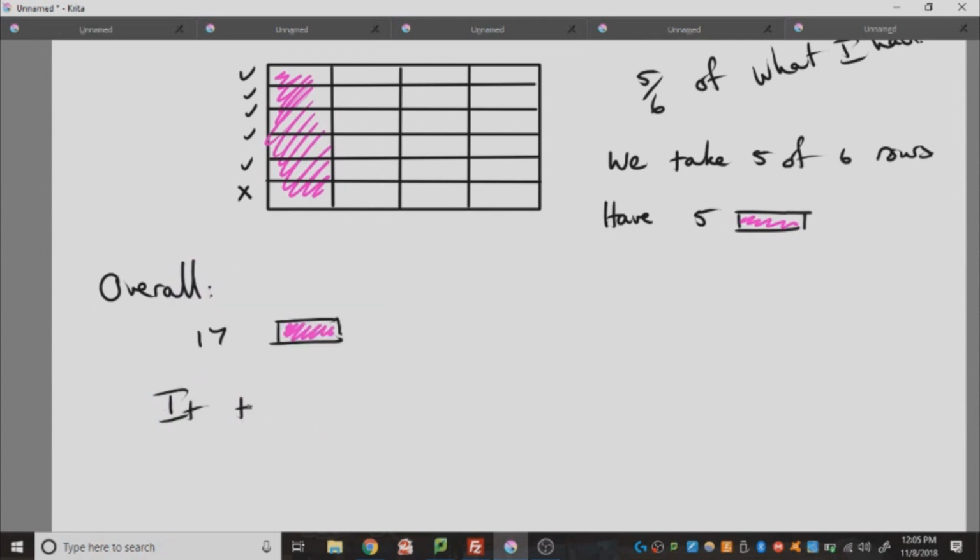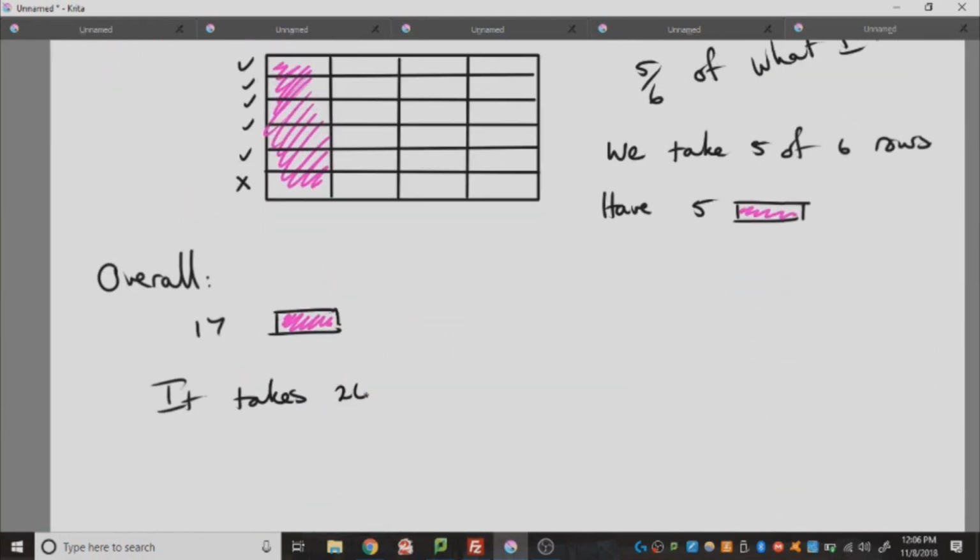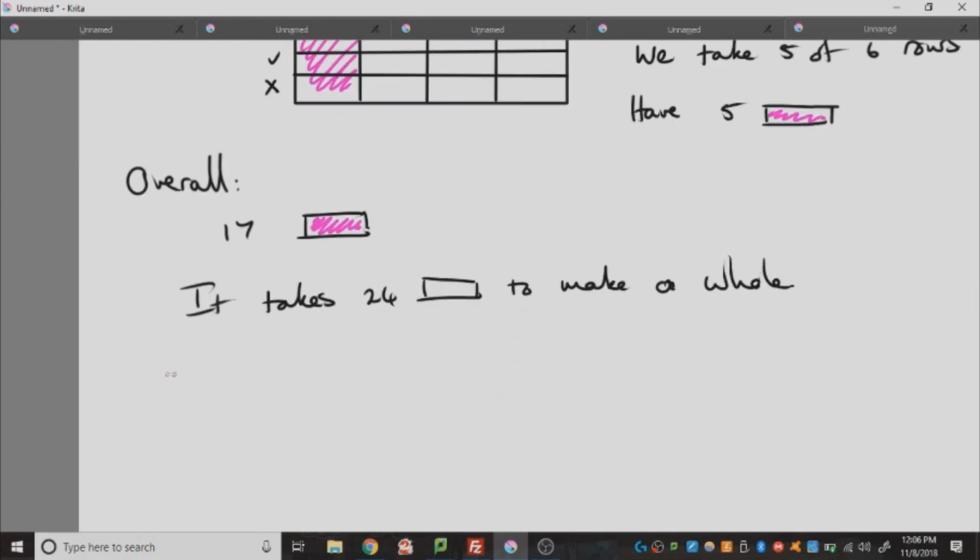And I just need to relate that to a rectangle. It takes, count them, 24 little pieces to make a whole rectangle. So therefore, we now have 17/24 of a rectangle.